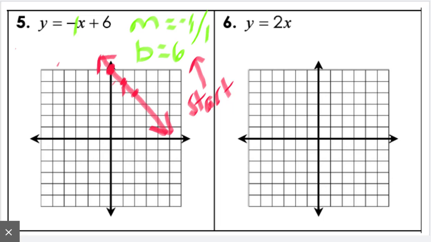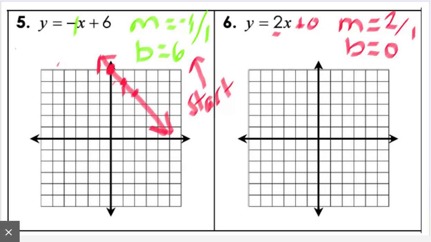Okay, so the next problem, we first need to identify the slope and the y-intercept. So our slope here is 2. And if you remember in the previous problem, we had the plus 0. So that's what our y-intercept is going to be here. And I'm going to put this 2 over 1 so that I have a rise over a run.